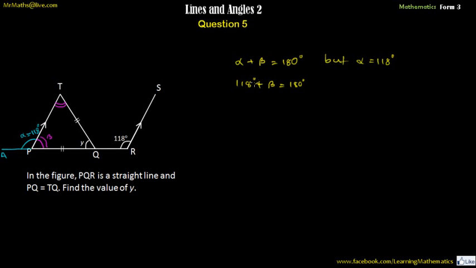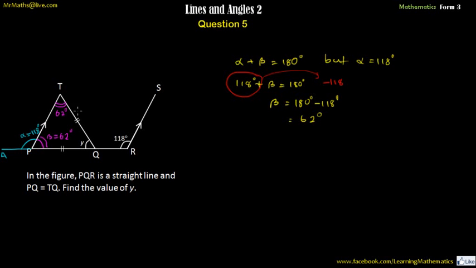As usual, let's move 118 over to the left. It becomes minus 118. Then beta is equal to 180 degrees minus 118, which is equal to 62. So beta is 62. This one is also 62 degrees.